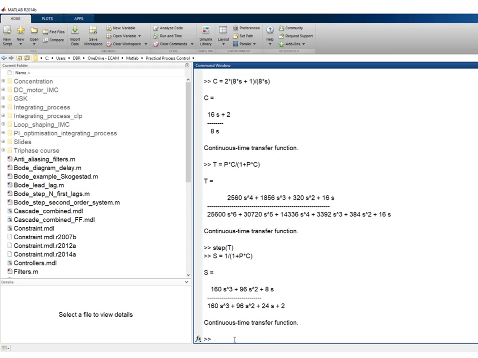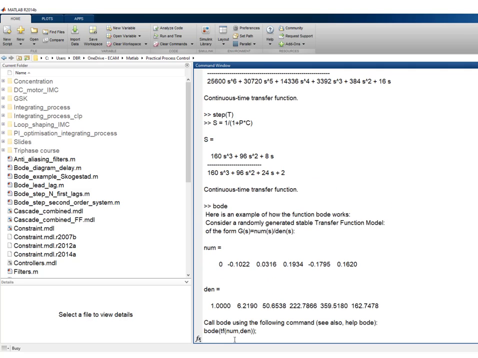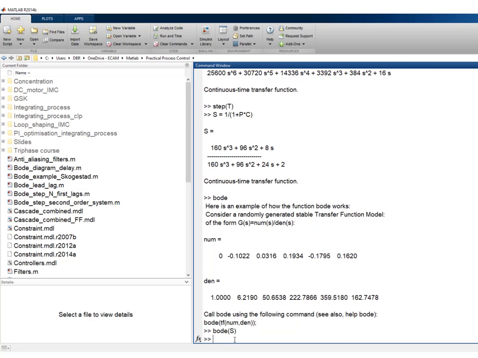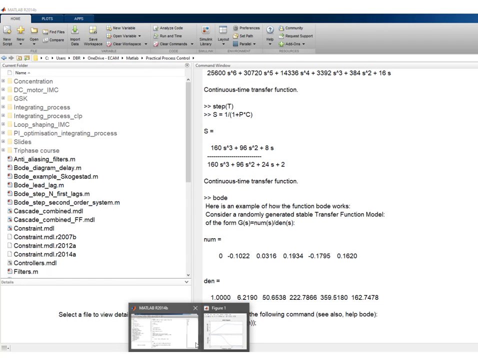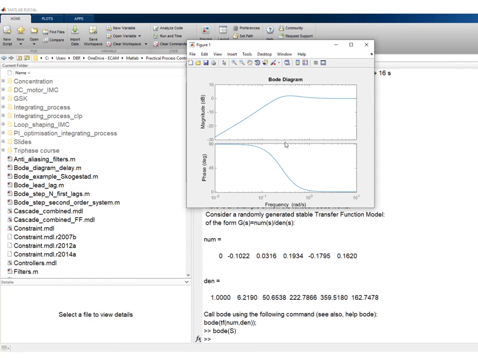This is 1 over 1 plus PC. We need to have a look at the Bode diagram, and of course we need to take the Bode diagram of S, right? And then we can have a look at the sensitivity function, and here you can see that you have to look in the magnitude Bode plot of S, and the maximum is somewhere over here.